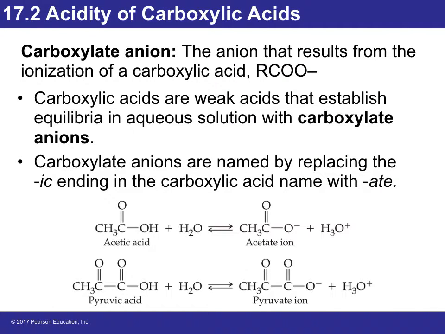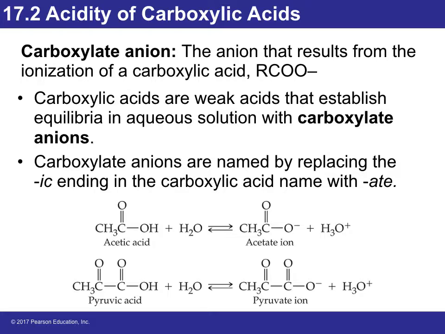Last thing I want to talk about is the carboxylate anion. It is the anion that results from the ionization of the carboxylic acid, and the end is COO-. They are weak acids, they establish equilibria, and this is just an example.